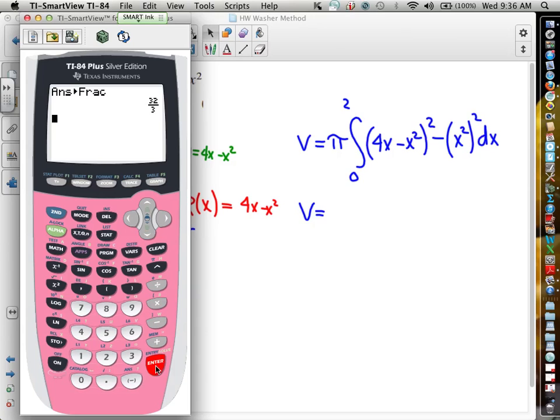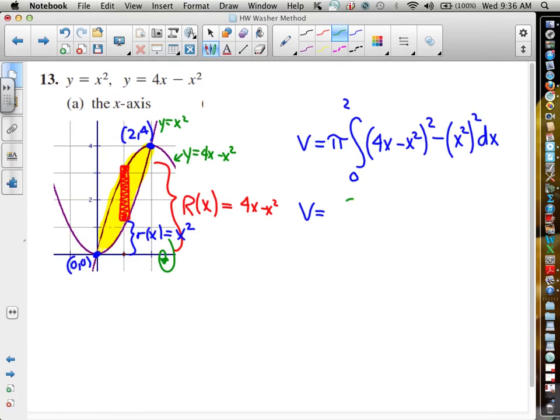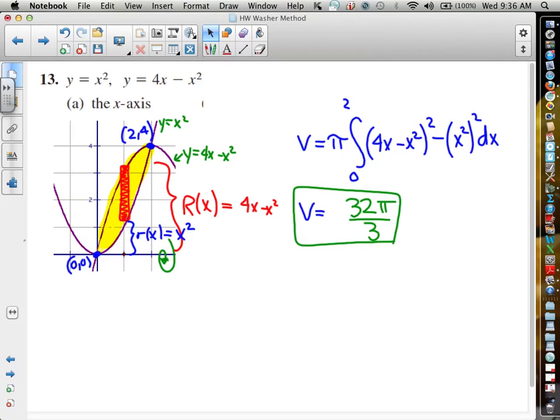The only thing that it hasn't done is it hasn't multiplied by pi, so 32 pi over 3 for that volume. And on your quiz, that's all you need to show me is the diagram, the graph of the equations, your sample rectangle, the setup for the integral, and then the solution there.